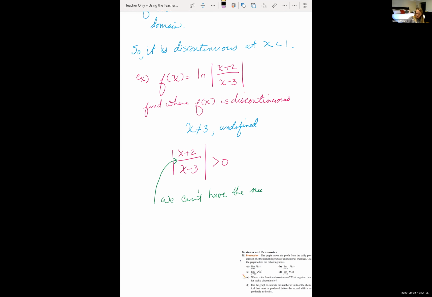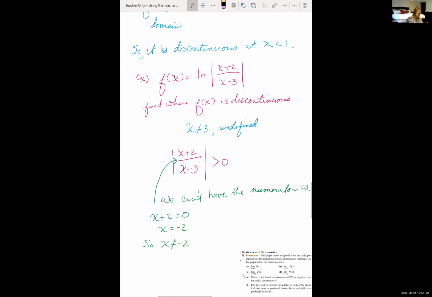So let's set the numerator equal to 0. When is x plus 2 equal to 0? That's when x is negative 2. So we also have to say x cannot be negative 2. Any other number we plug in, we should be okay.